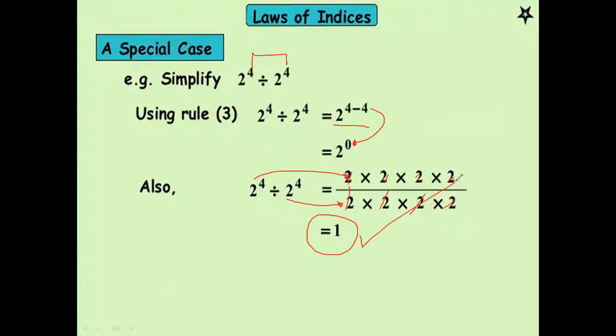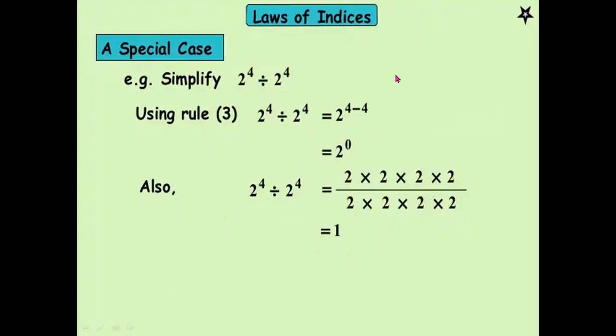Again, any number raised to a power of 0, the answer is always 1, no matter how small or how big the number is. For example, 120 raised to a power of 0 equals 1. Please take note of that one. That is a special case.